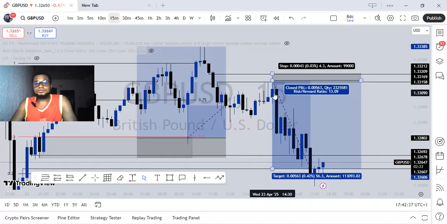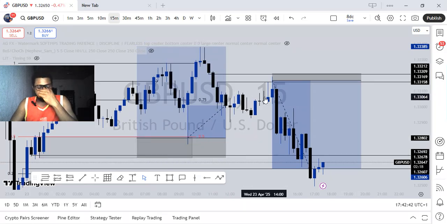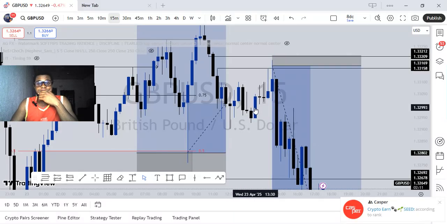So coming in the afternoon, around 1:30, I took this buy. I think yes, I took this buy because of this engulfing I saw. So I took a little bit of this buy to this place.